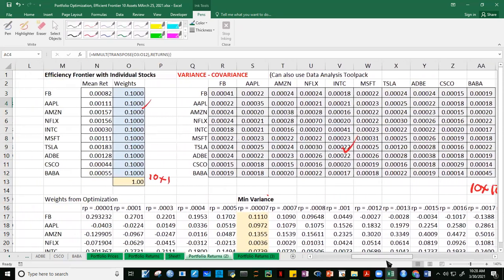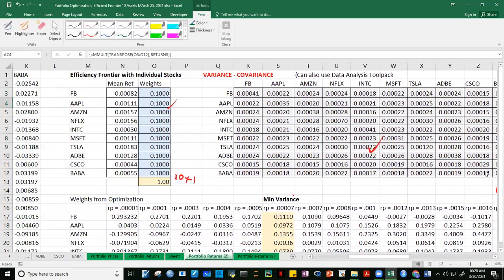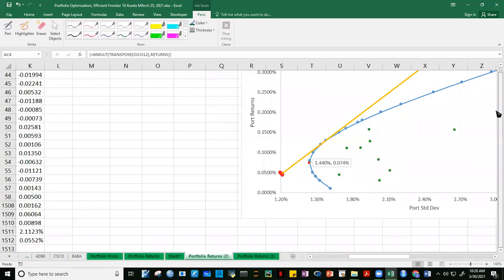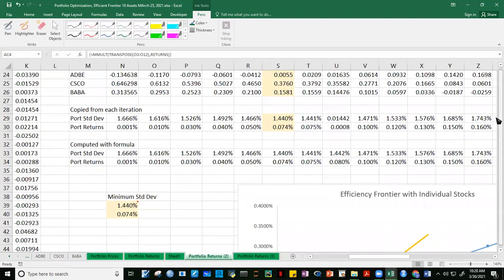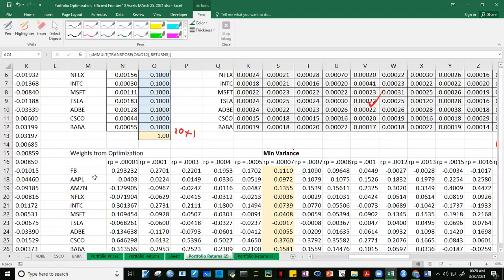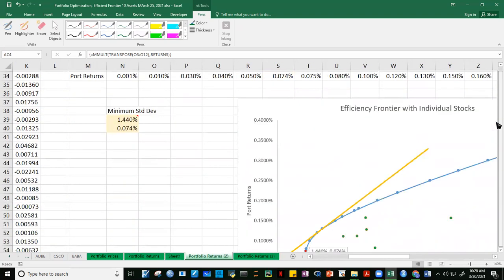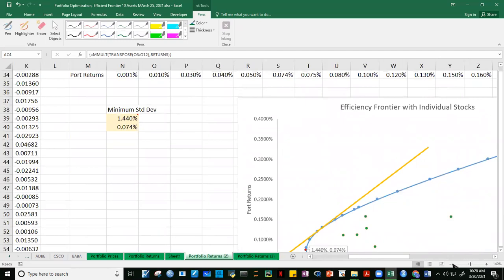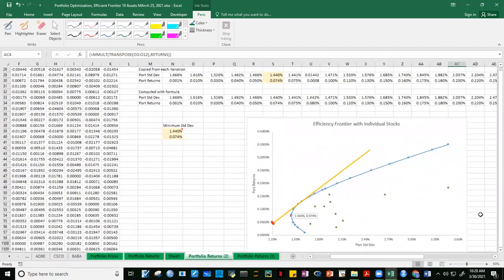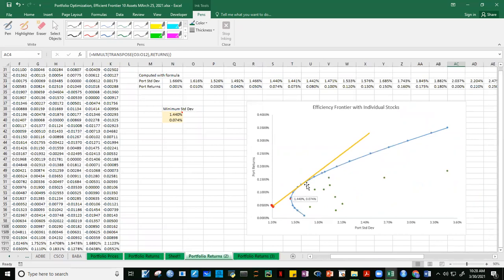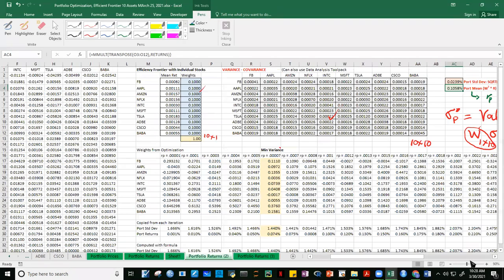Okay, punta na tayo ngayon sa ano. Dito na tayo, kasi ito yung kailangan natin. We need this, okay? We need this so that we can, remember, ang objective natin is to plot this efficiency frontier, no? Okay.